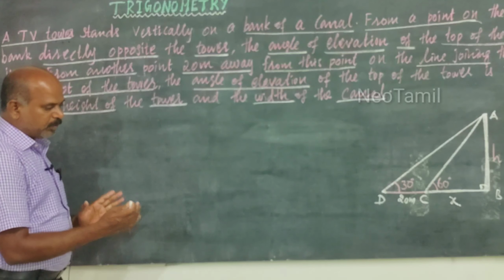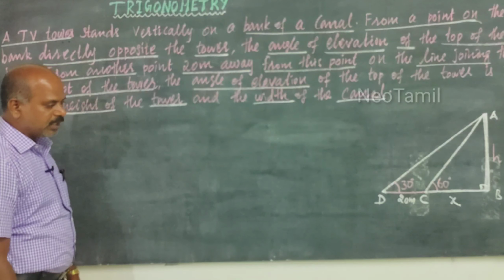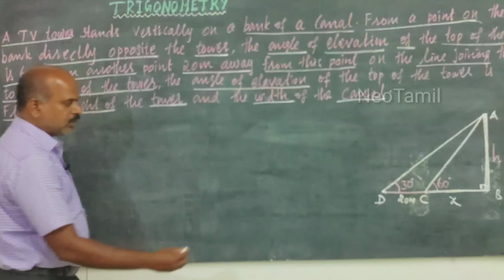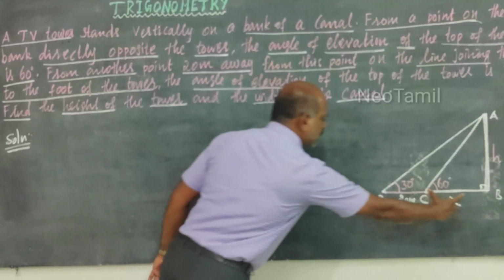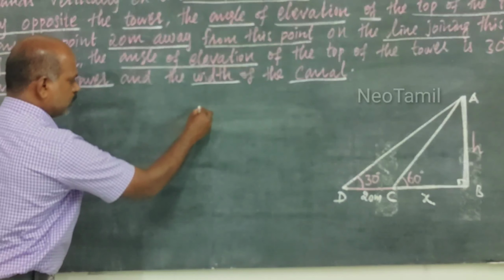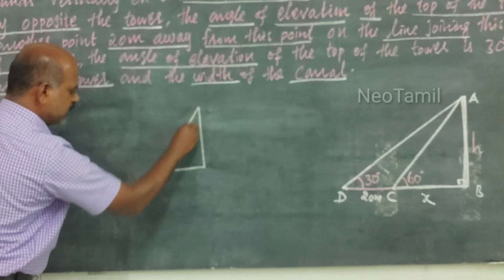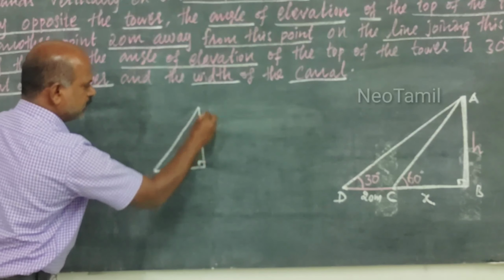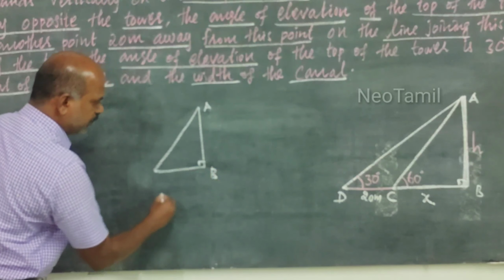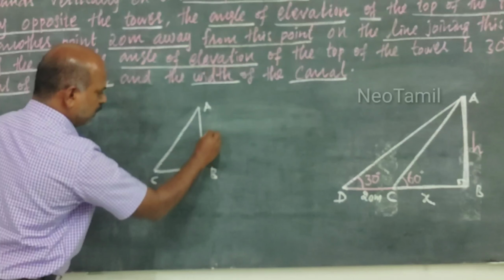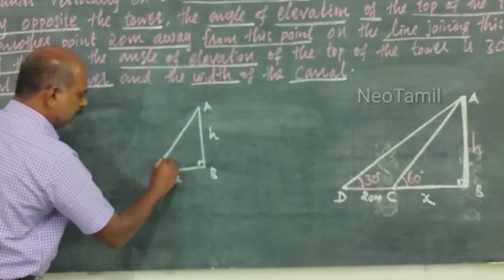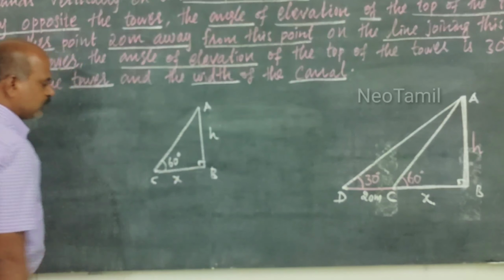For this problem solving purpose, I want to take two right angle triangles. First, I want to take the inside right angle triangle, this triangle. So, in a simple diagram, I want to take this. So this is A and this is B and this is C. This is x and this is h. And the angle of elevation is 60 degree.